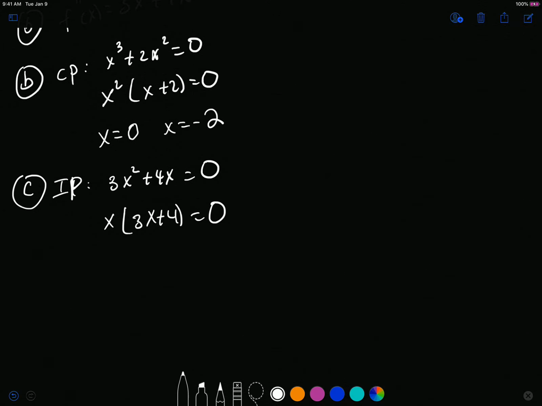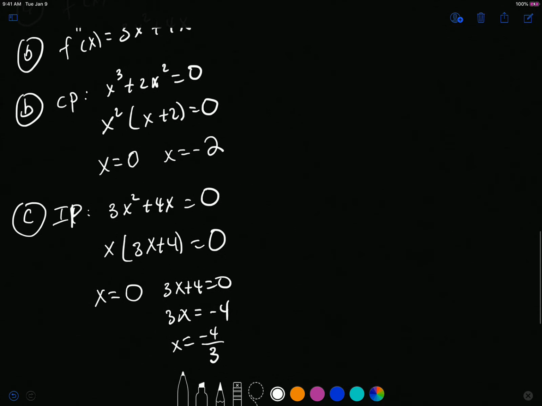And so I get that x is equal to 0, and x is equal to negative, let me work it out, 3x plus 4 equals 0, 3x equals -4, x equals -4/3. So those are my inflection and critical points.